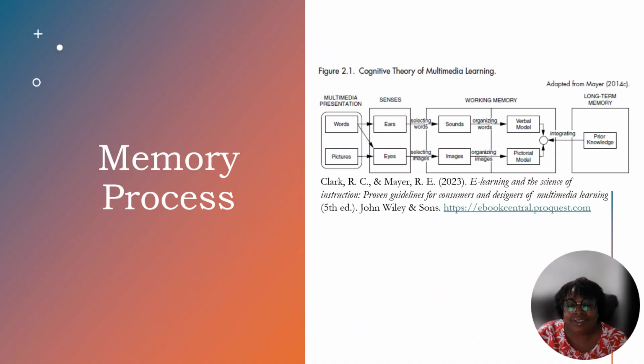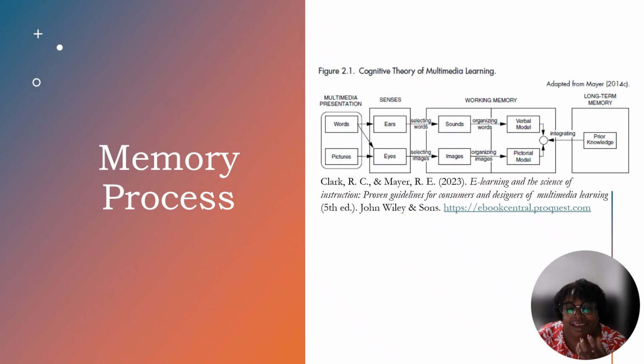So, how does memory work? If we think about a multimedia principle, a presentation, we start off with words and pictures. And you see the arrows pointing toward the eyes as well as the ears. That is because the words can either be text, which you would see with your eyes, or it could be audio, which you would hear.